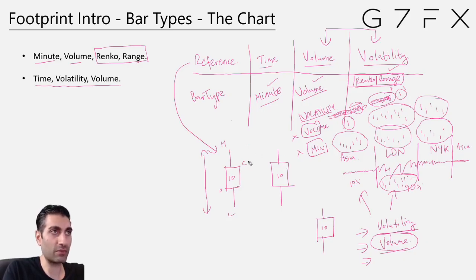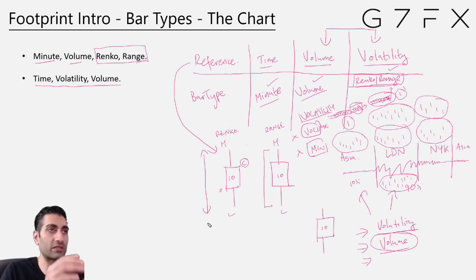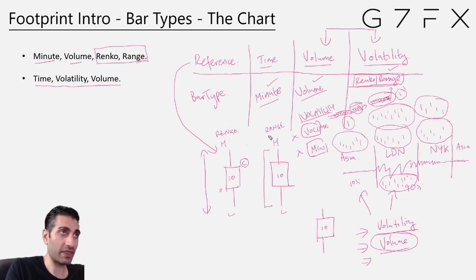It will measure from the close. High, so let's look at a normal range candle. That's range and that's Renko. Very similar, except range is looking at simply the high to low of its candle. What a Renko will do is it will look at the previous candle close.